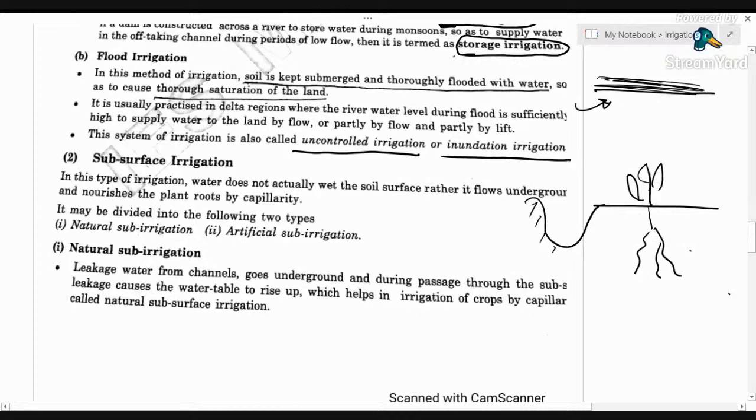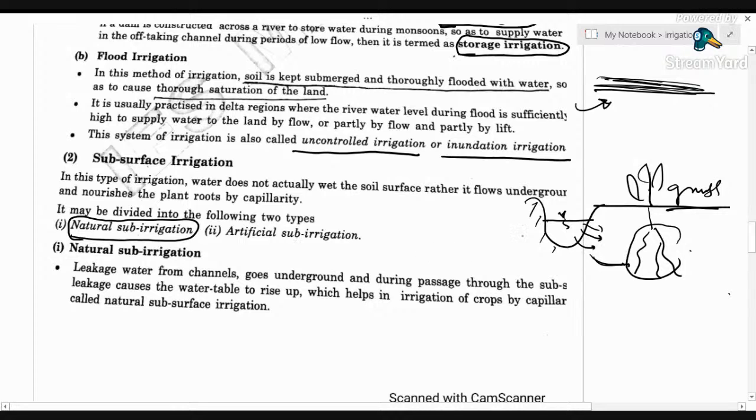If there is a canal going on, the water is seeping through the soil pores and the plant is extracting this water and utilizing it for its growth. That is called subsurface irrigation. If the plant roots naturally extract the water and utilize it for growth, that is called natural subsurface irrigation.